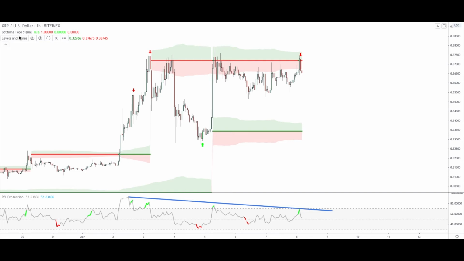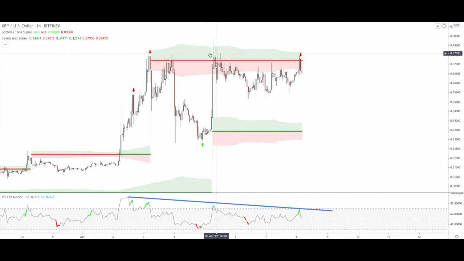Instead, the levels and zones indicator right at this moment said, be sure that in the future you are going to see a major price movement around this resistance level here. And in fact, what happened is that the price here went straight down, and then it went straight up, and guess what? It was stopped by this resistance, and then it went straight down, and then straight up, and guess what?